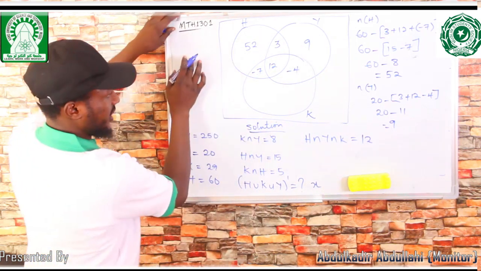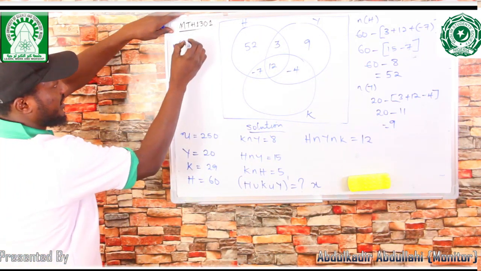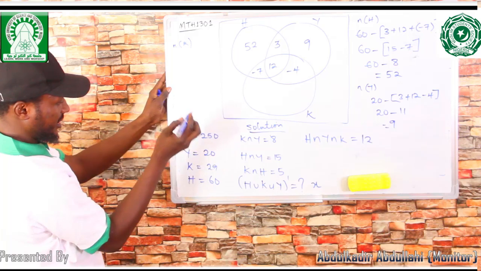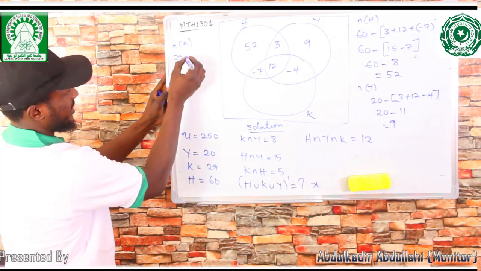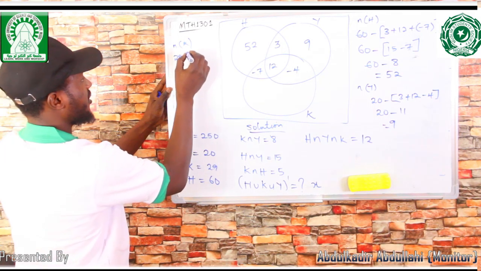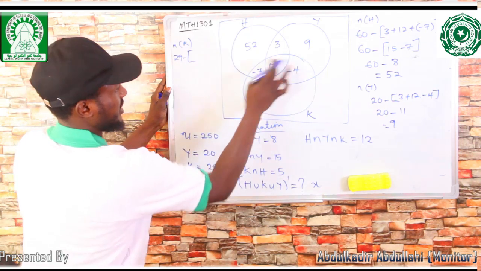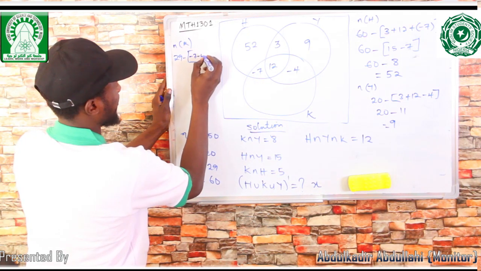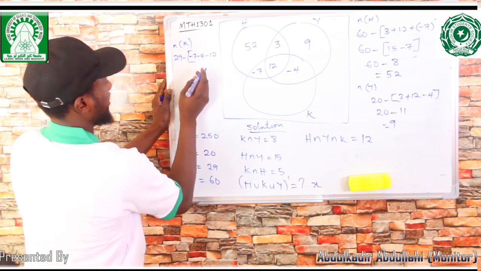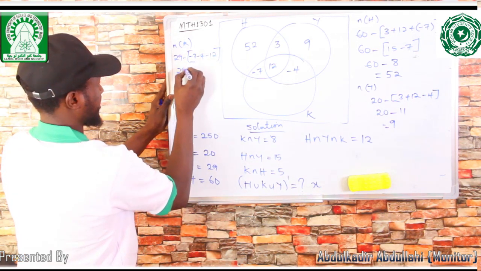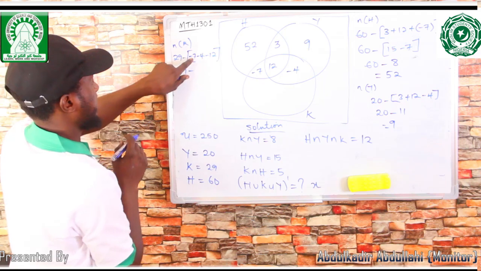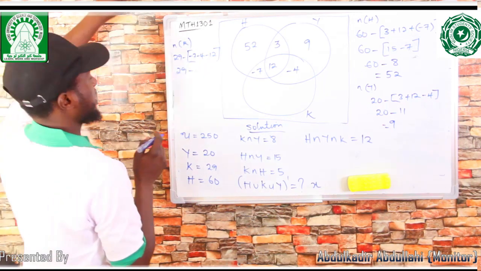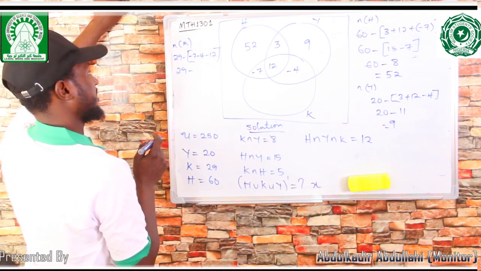The next one, number of K. That is the value of K, which is 29, minus all the intersected in K. We have minus 7, minus 4, minus 12, which is 29 minus 7 minus 4 is minus 11.